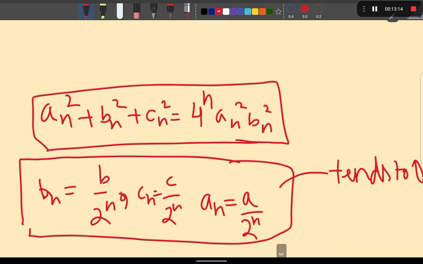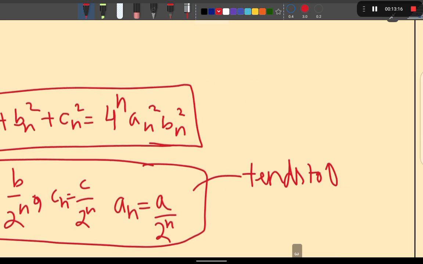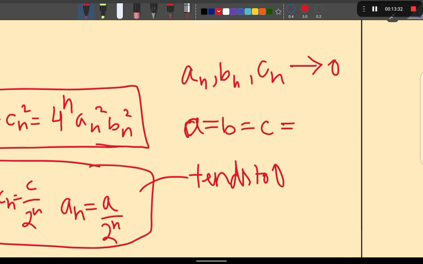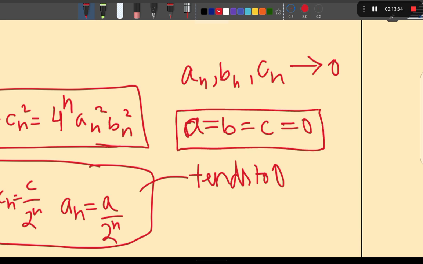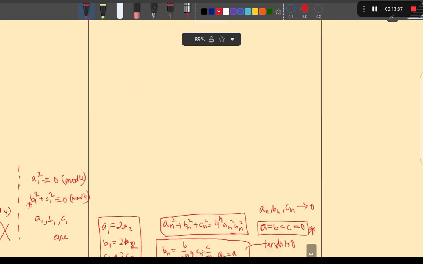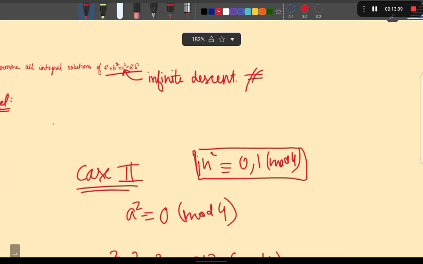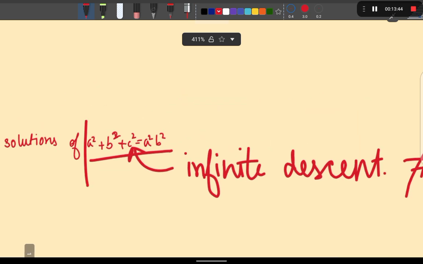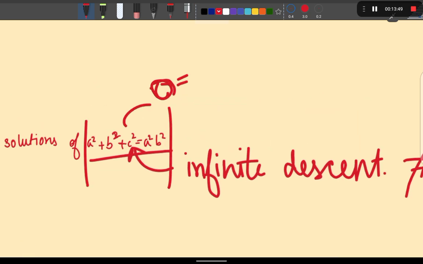Since an, bn, cn all tend to 0, there is only and only one solution: a equals b equals c equals 0. So this was the only solution of our question. Therefore, after solving all of this, the infinite descent has only one solution: a equals b equals c equals 0.